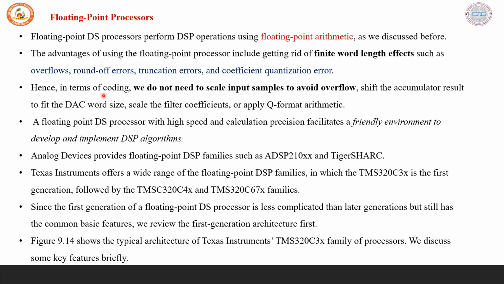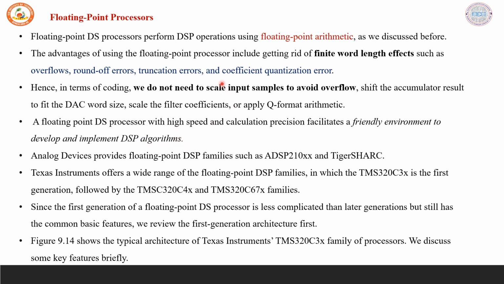Hence, in terms of coding, we do not need to scale input samples to avoid overflow, or shift the accumulator result to fit the word size, scale the filter coefficients, or apply Q format arithmetic. All these problems can be avoided when you go for a floating point processor. A floating point digital signal processor with high speed and calculation precision facilitates a friendly environment to develop and implement DSP algorithms.